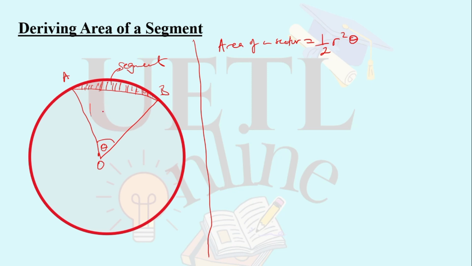Then, to find the area of this triangle OAB, we are going to need the sine rule. Here we have our radius r and r. We use this sine rule to find area. The area of the triangle is given by half times r times r, where this is OA and this is OB, times sine theta, where this is the angle theta.